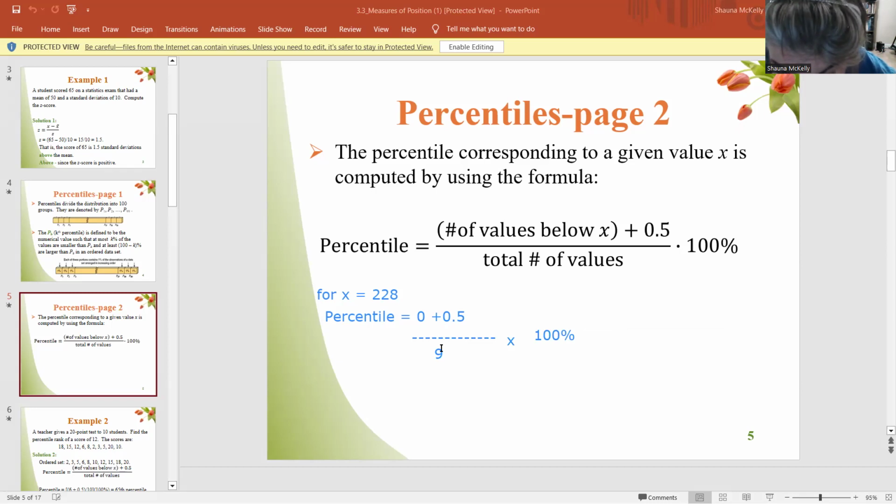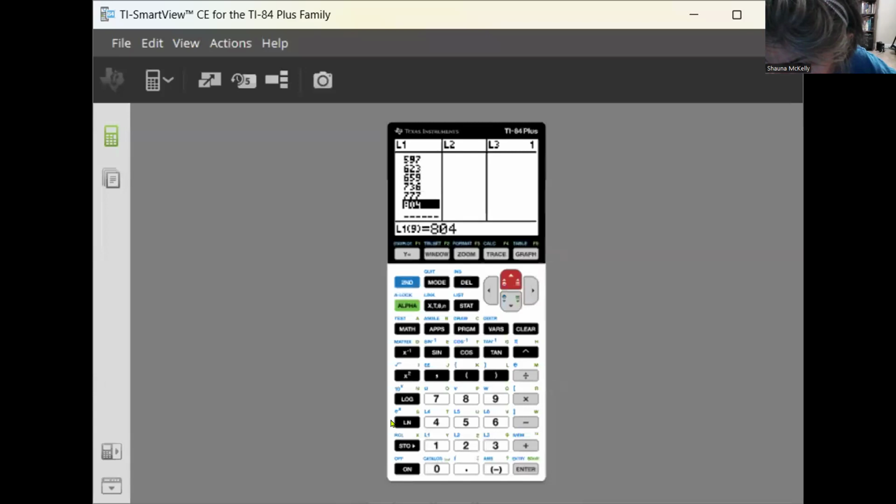So what I'm going to do now is I'm going to share the calculator, okay? 0 plus 0.5, I'm going to quit from my stat screen. 0 plus 0.5 is 0.5 divided by 9.